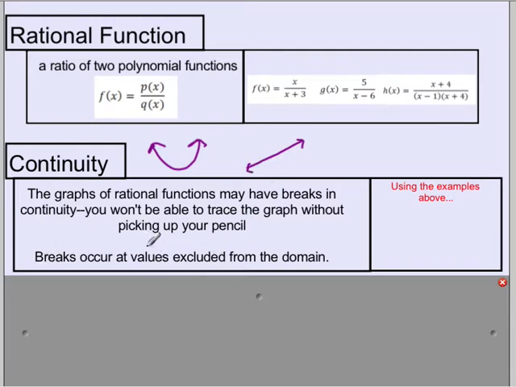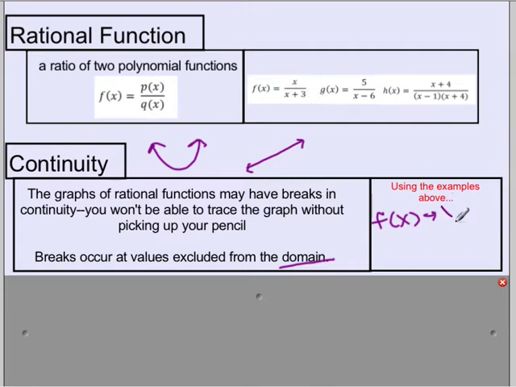If a break occurs at a value, it's excluded from the domain. We're going to talk about where these breaks would occur. Let's use the examples from above. Where would a break occur here? If we're looking at f of x, I would look at my denominator. We all know you cannot divide by 0. So what would make my denominator 0?